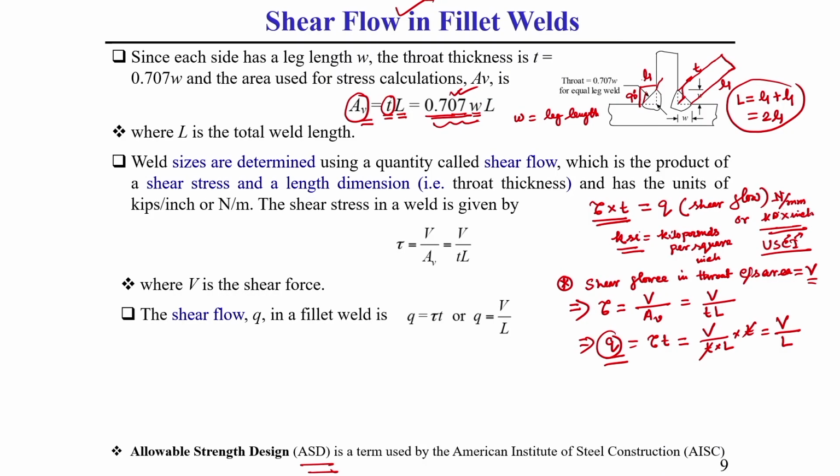They term a quantity ASD, allowable strength design. This allowable strength design is based on the strength of the electrode material which we use to do the welding. Everything in detail I will discuss in the subsequent slide.